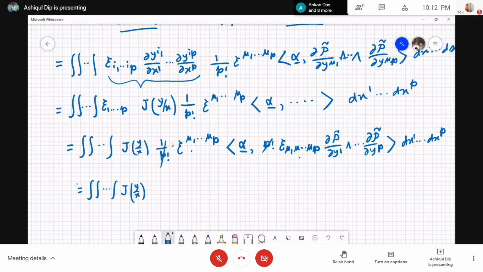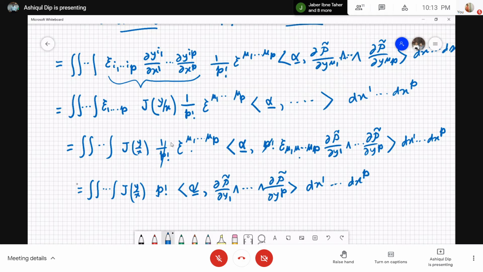You get another p factorial term, right? Yeah. And you have your alpha, delta p by delta y1 wedge delta p by delta yp, and dx1 wedge dxp.